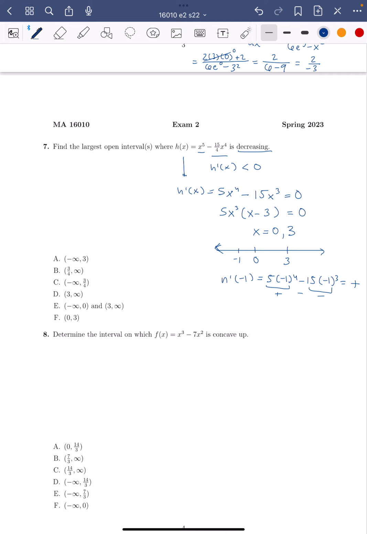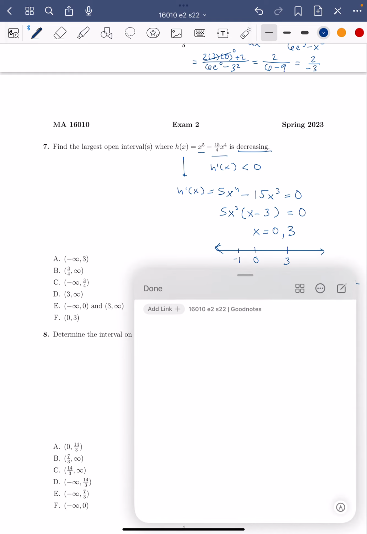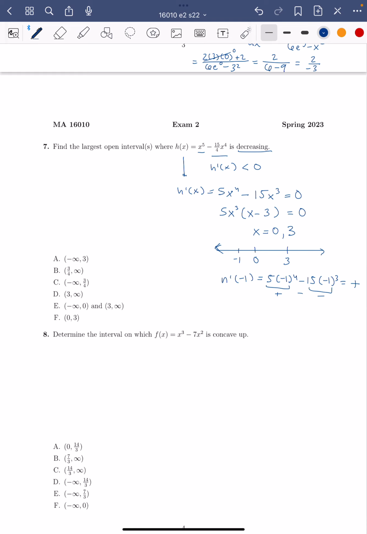In this case, it's not super important to know what the exact number is. All we need to know is if it's positive or negative. If it's positive, it's increasing. If it's negative, it's decreasing. So for this first part, we can mark this as positive, as it is increasing.